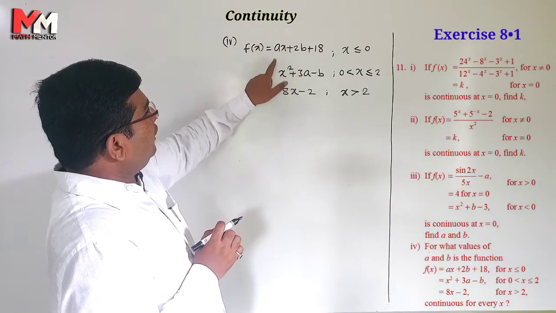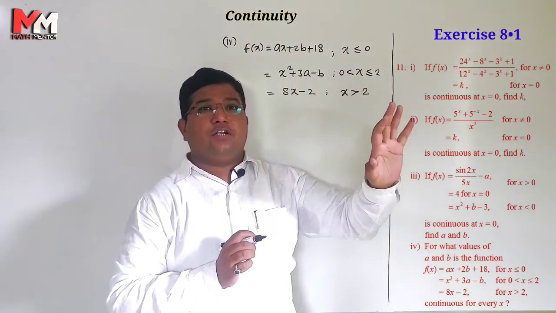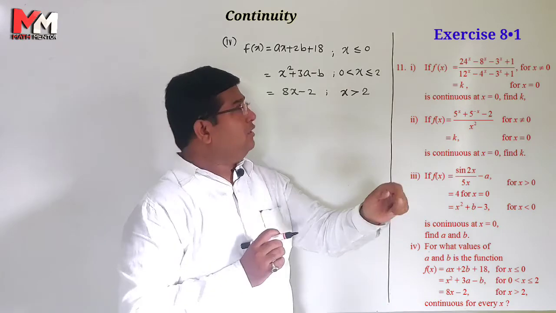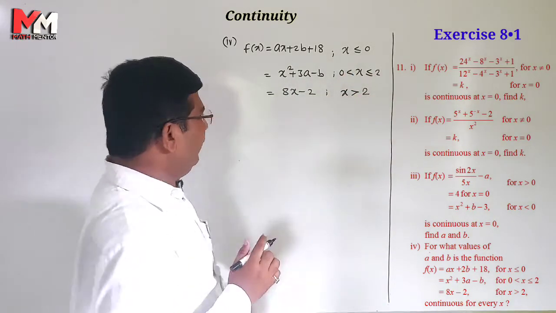So these are all polynomial functions and we know that a polynomial function is continuous everywhere. It means these functions are continuous at x is equal to 0 also, at x is equal to 2 also, right?